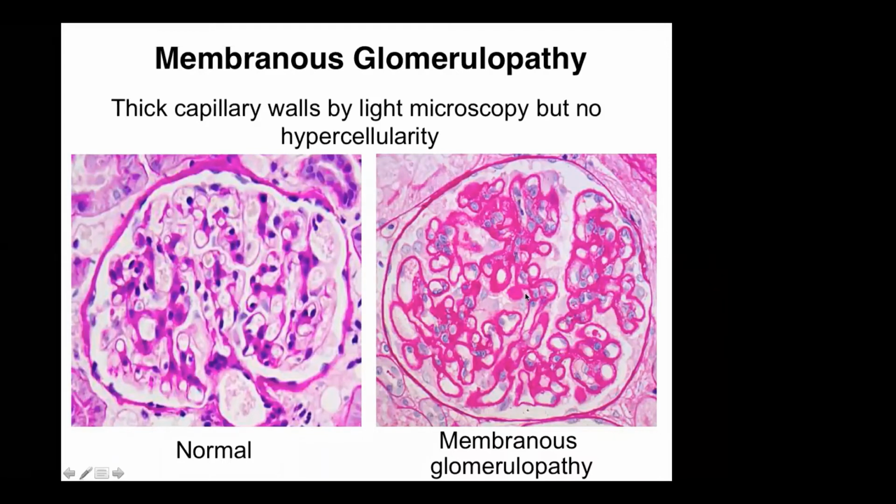Now let's go to membranous glomerulopathy. Membranous glomerulopathy is a thickening of the basement membrane. Why is this basement membrane thick?